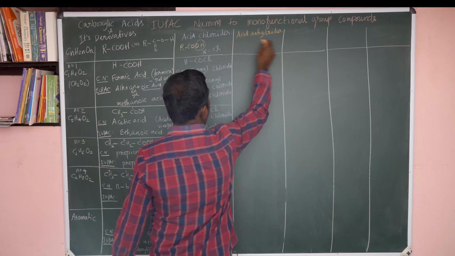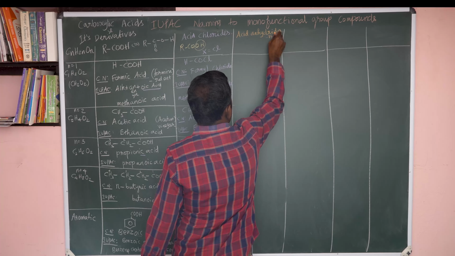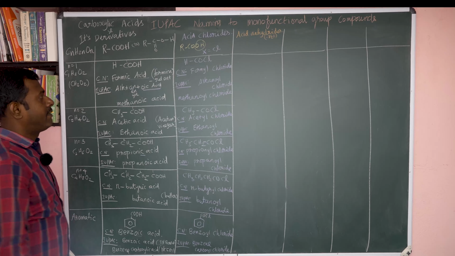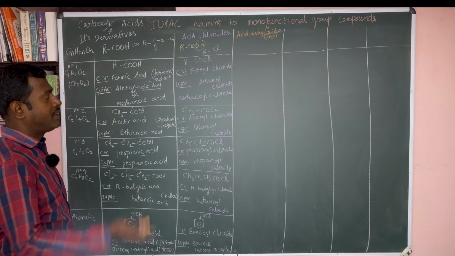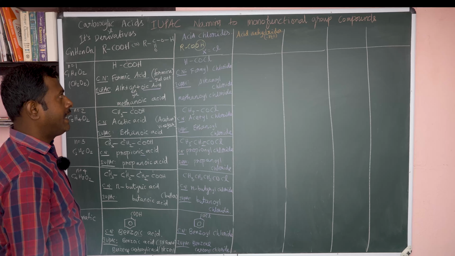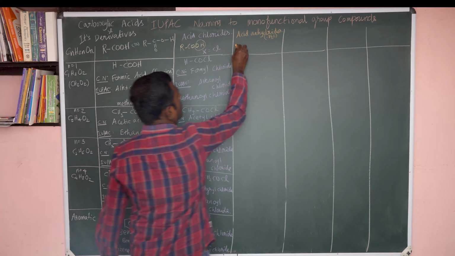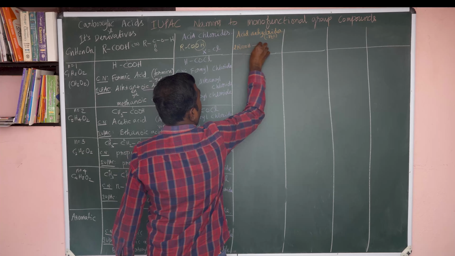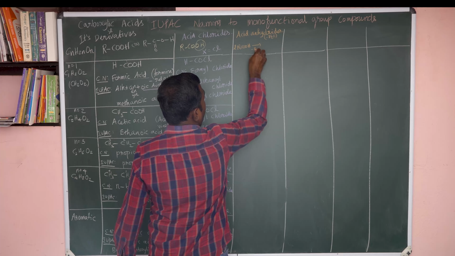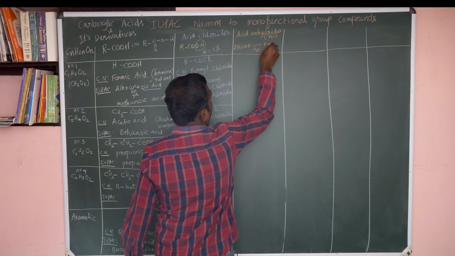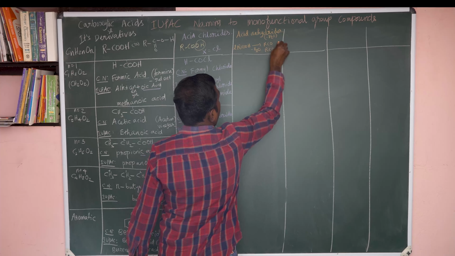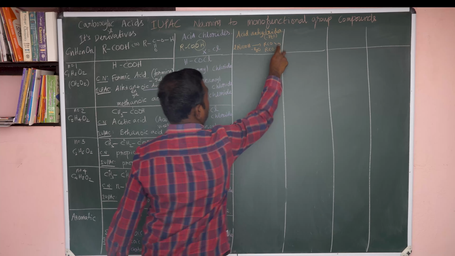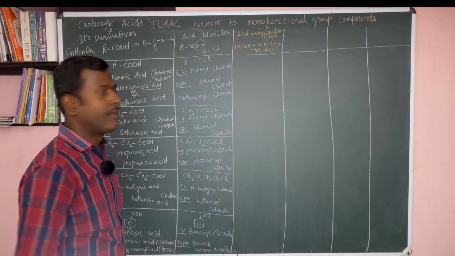From acids you are removing one water molecule. By the combination of two molecules of acid, one molecule of water is removed, and acid anhydrides are formed. So two molecules of carboxylic acid lose one molecule of water, giving RCO-O-OCR. This is the general structural formula for acid anhydrides.